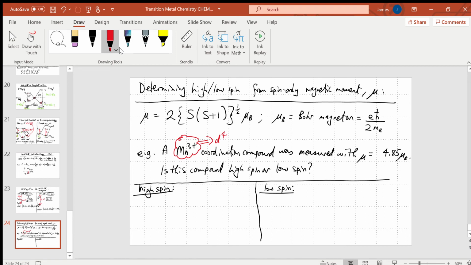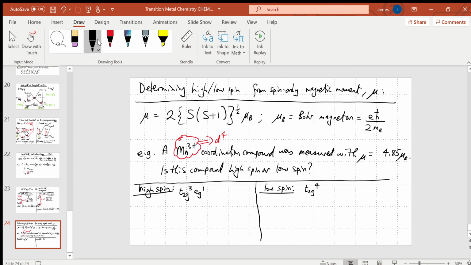So let's have a look at a d4 complex. If it's high spin, it's going to be t2g3 eg1. And if it's low spin, it's going to be t2g4, right? So we know how that's going to work its way out.